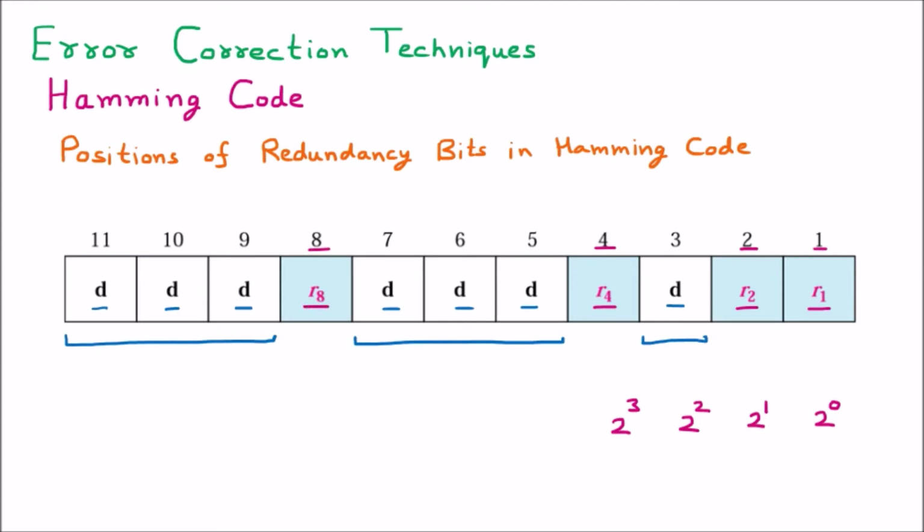So these are the 4 redundancy bits placed. This keeps on going if we have a very huge amount of data, but here the data sample size which we have taken is small, that's why only 4 bits are taken. So redundancy bits are at the first, second, fourth and eighth positions.